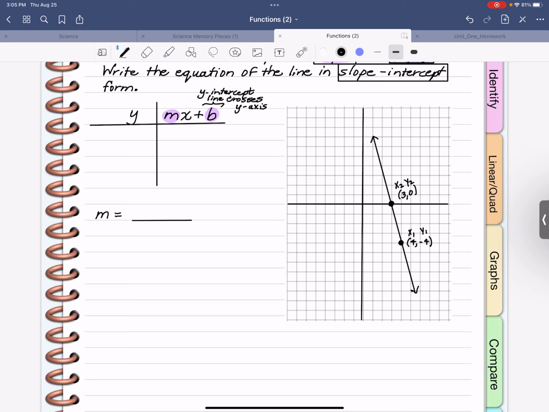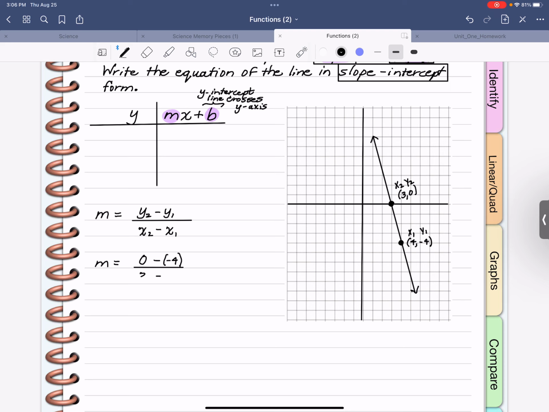Slope is y sub 2 minus y sub 1 over x sub 2 minus x sub 1. That's the basic formula. So slope is going to be the ratio of rise to run. Y2 we said was 0, and y1 was -4.